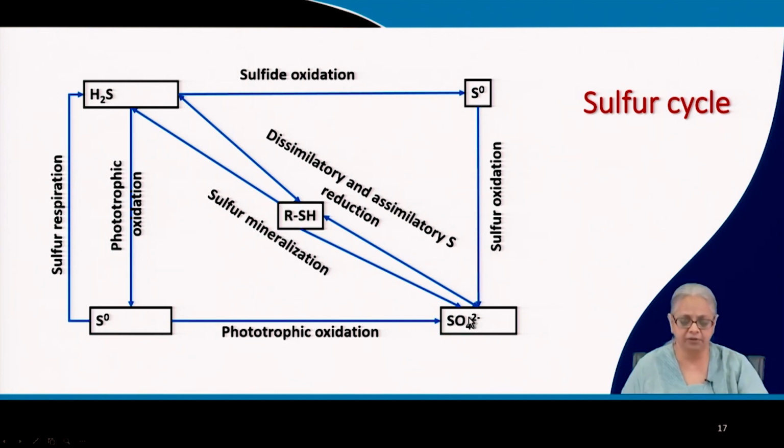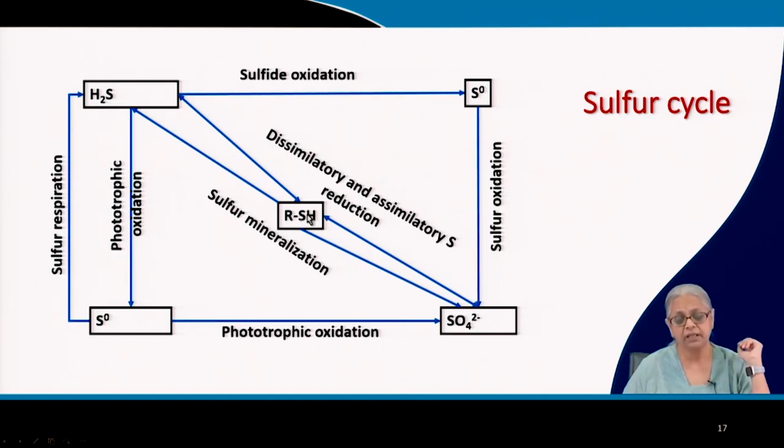Now either hydrogen sulfide or sulfate or even elemental sulfur can be taken up. We have seen some examples of that. They can be taken up as nutrients, or they can serve as energy sources.